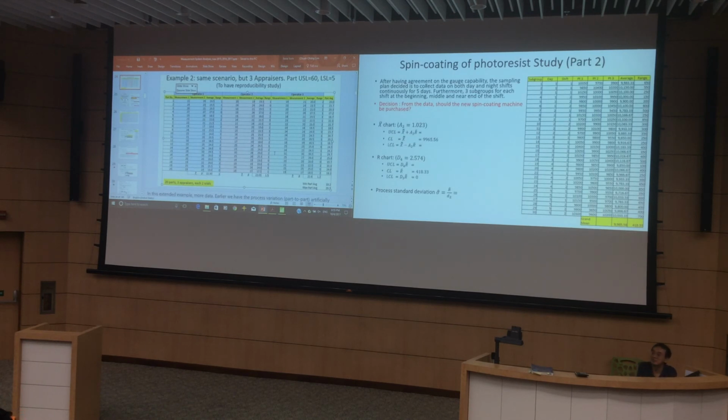So what they do is they agree to use the tool and run the process day and night for 5 days. There are subgroups for each shift, 3 subgroups: at the beginning, middle, and end of the shift.